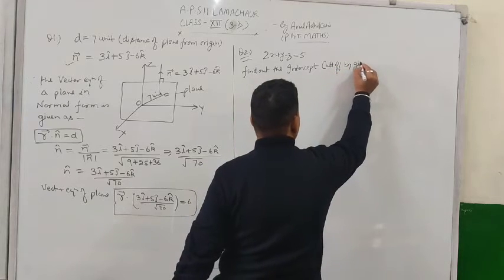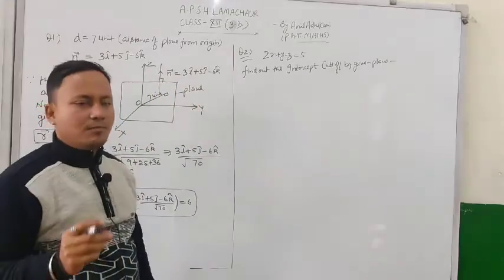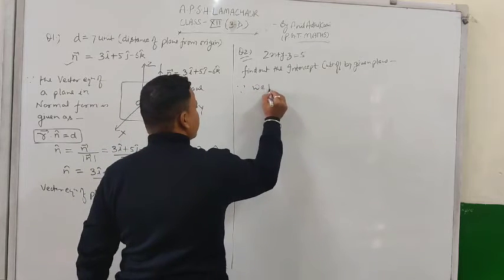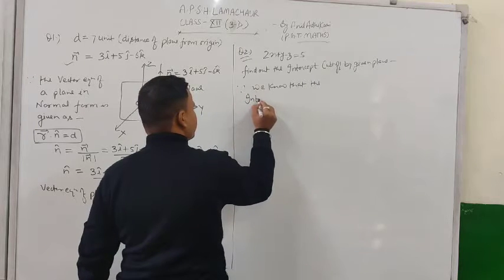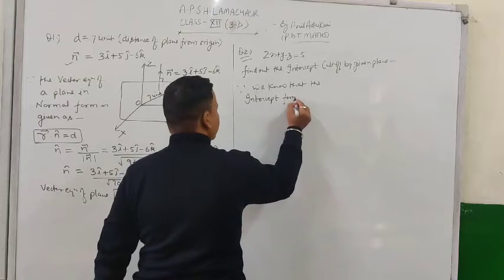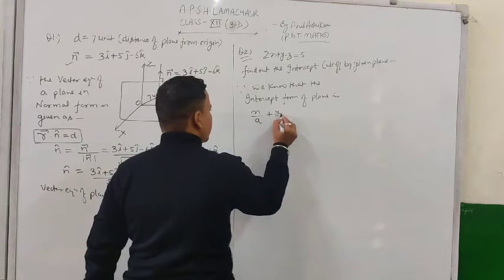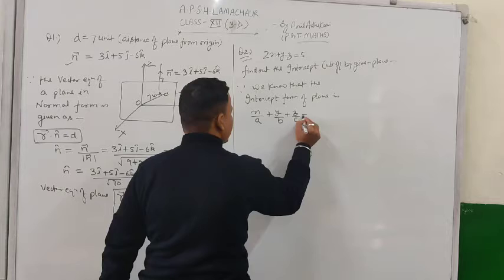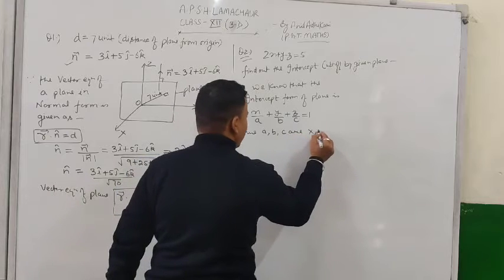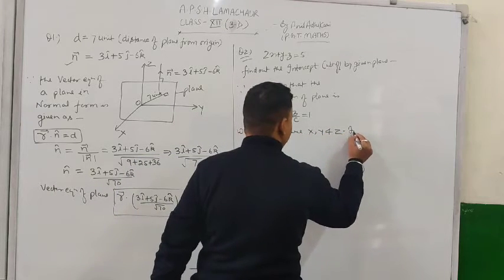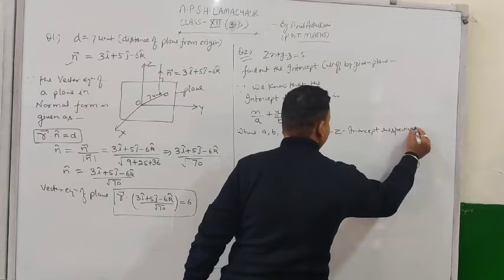Dear student, as we know, the intercept form of a plane is x upon a plus y upon b plus z upon c is equal to 1, where a, b and c are the x, y and z intercepts respectively.